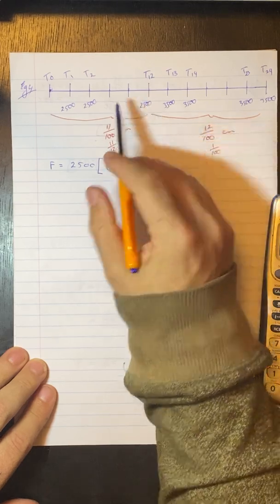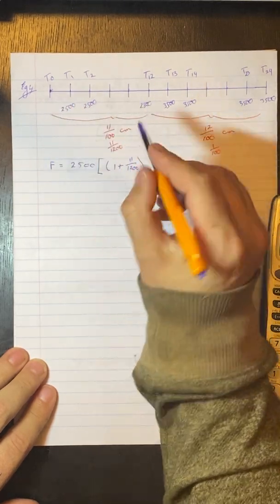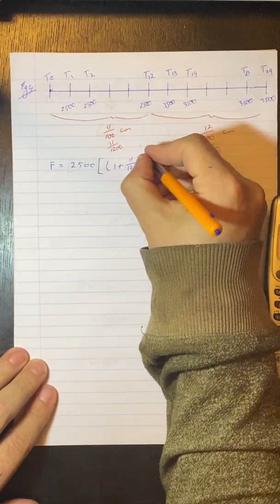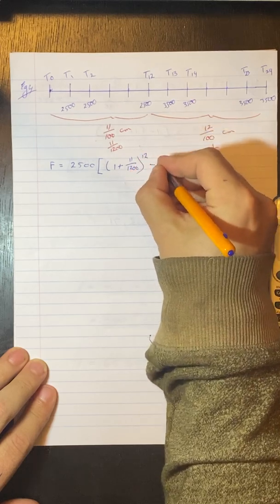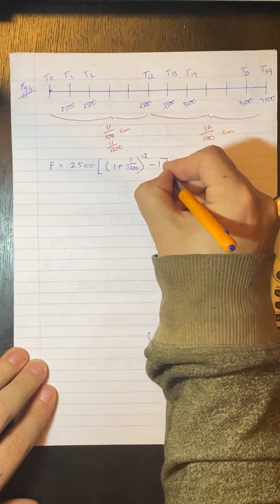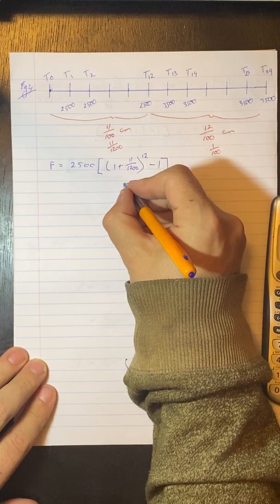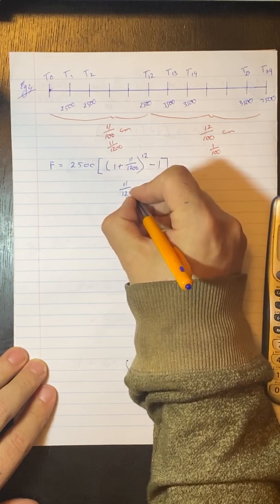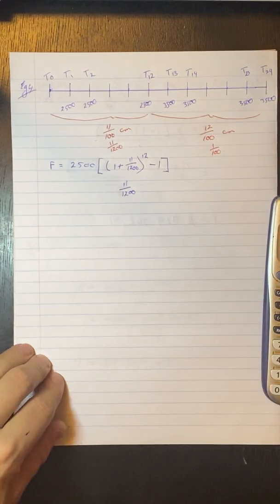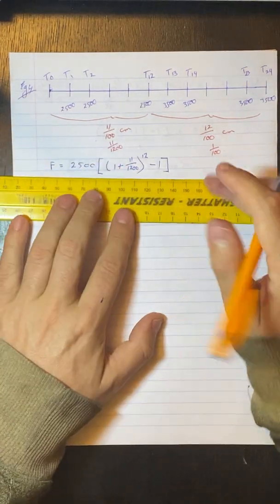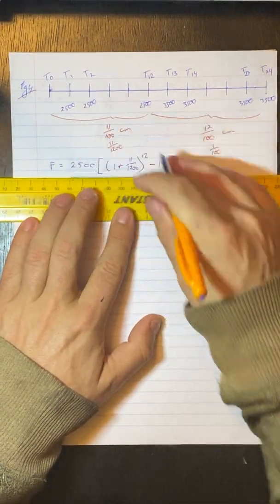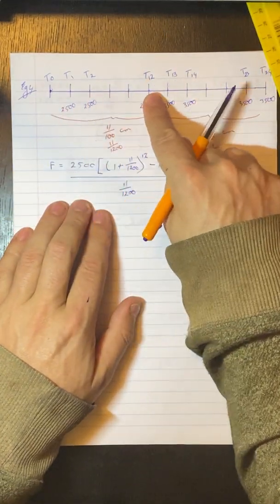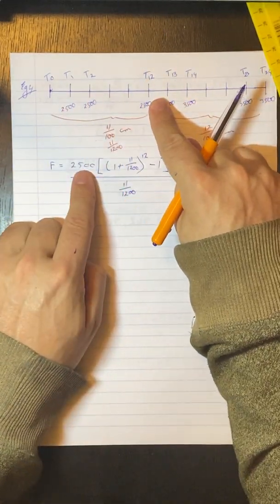My time period for that is 12, minus 1, all over the interest, which is 11 over 1200. Okay, so that is my future value or my savings for the first year of paying 2,500 Rand.